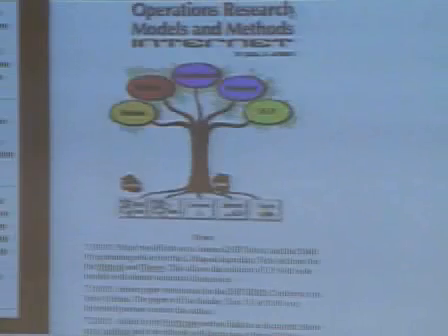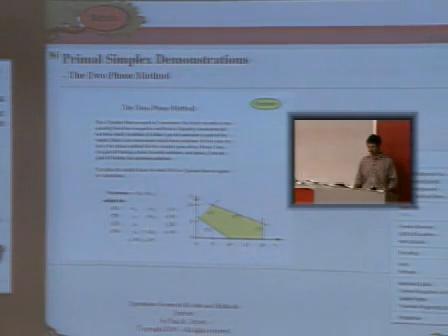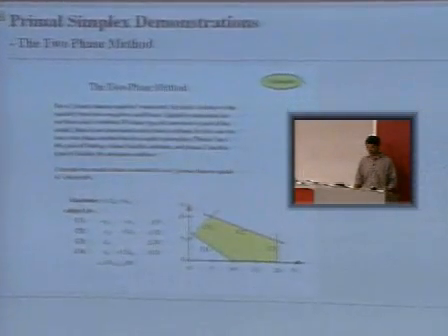Let's again go to linear programming methods. It's called the two-phase method because the first phase is when we try to find a feasible solution to our first problem. The second phase is when we find the optimal solution.